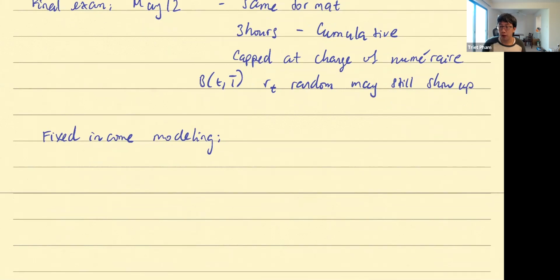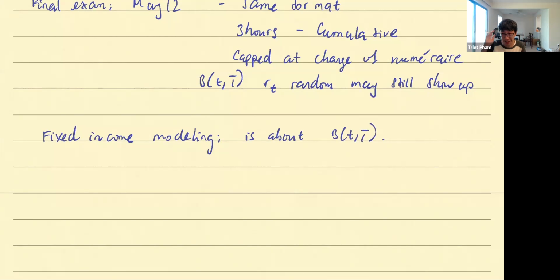We also offer an elective course on fixed income. So if you're interested in that topic, you can take that course, for example. All right, so first, in my opinion, fixed income modeling is about modeling of the bond price.